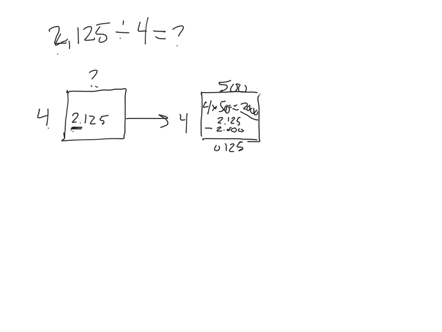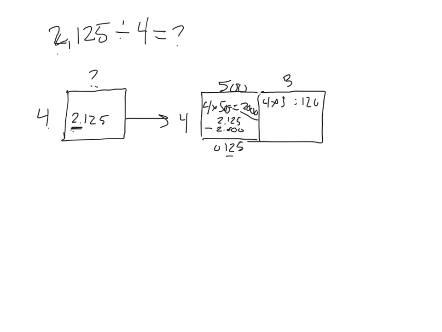Since 125 is greater than my divisor, I can keep going. I'm going to look at 12 because I know 4 times 3 is 12. So I'm going to put a 3 up here. I need to multiply to get a number in the hundreds, so it's not actually going to be 3.